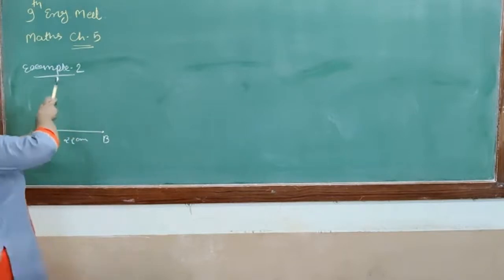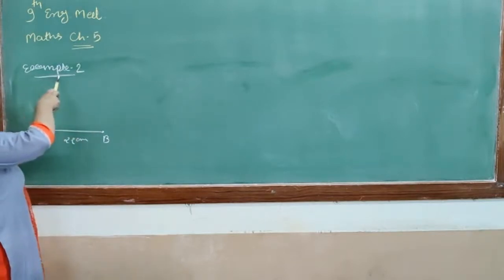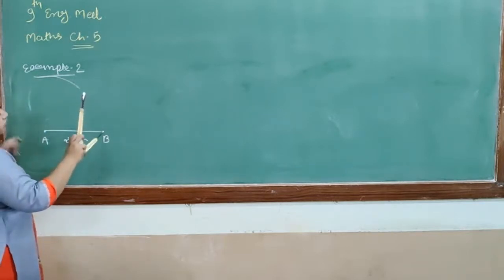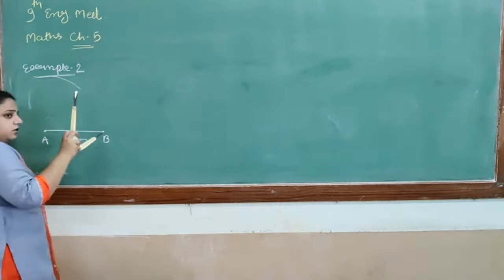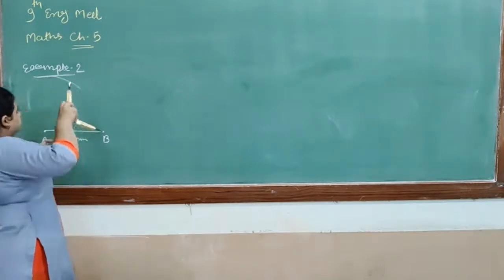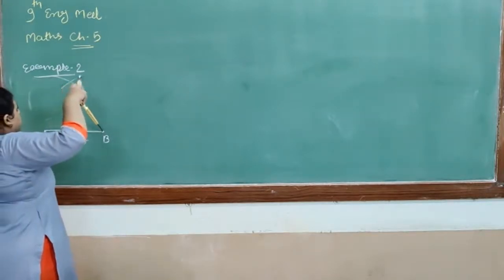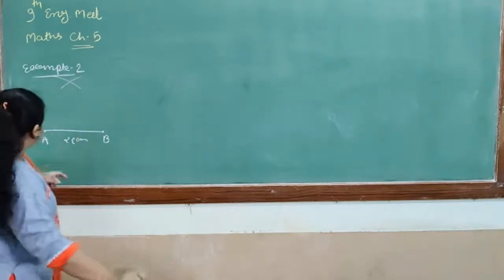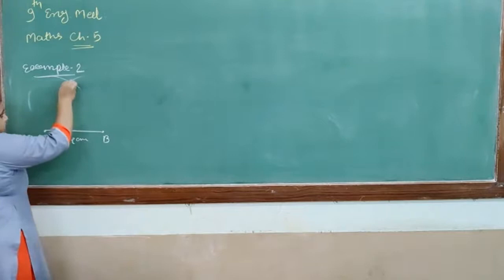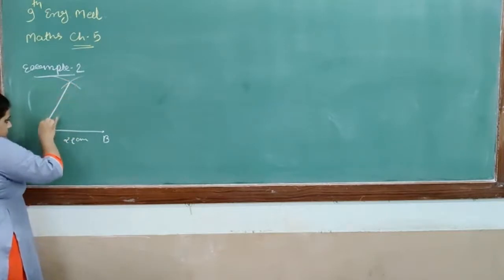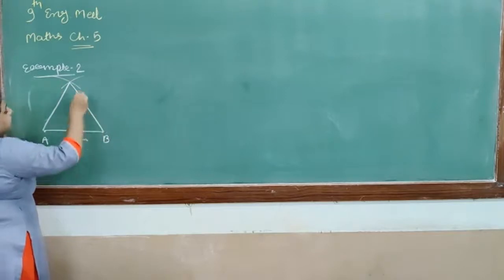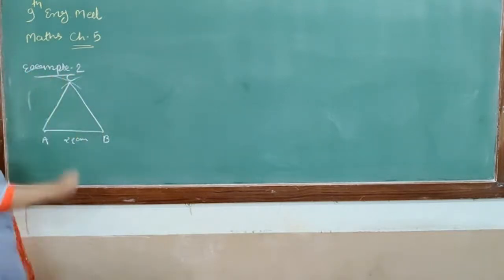Don't change it, and form an arc. Form an arc with the same measurement. Now, join the lines. Give the name C.